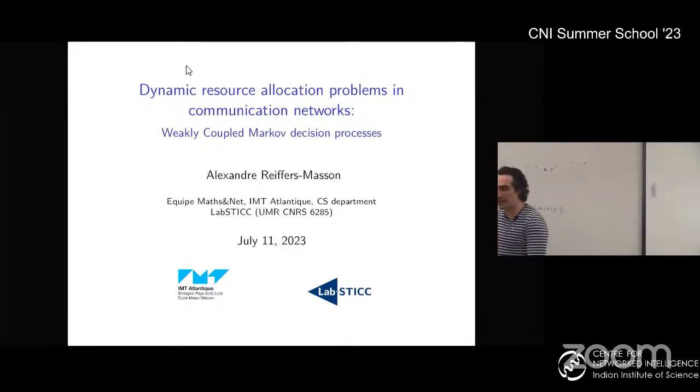And yes, it's really nice, and you have designed an algorithm, and you have proved that it's asymptotically optimal, and so on. However, yes, it's really nice, but still you cannot use it, right?